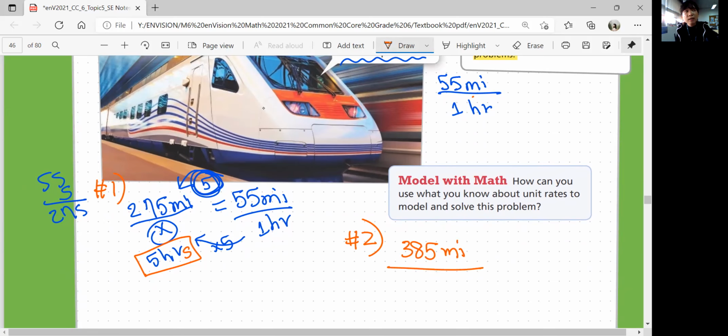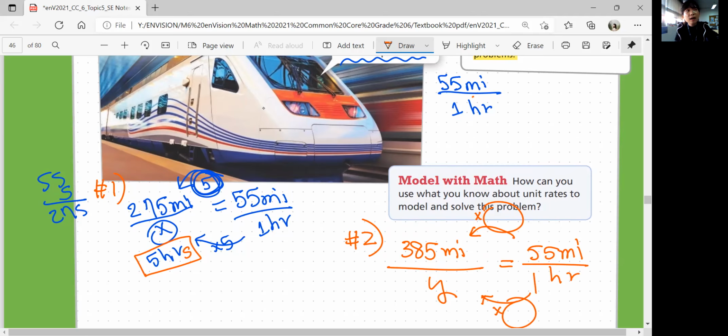And you want to find the equivalent, another variable, let's say that's y, hours, with the same speed, 55 miles per hour, right? So then you need to divide 385 by 55 to see the factor that you're multiplying it by. And then you need to multiply this by the same number to get y, right?